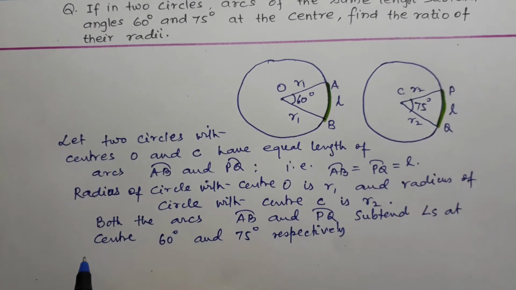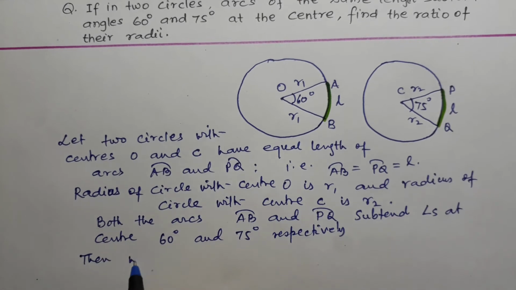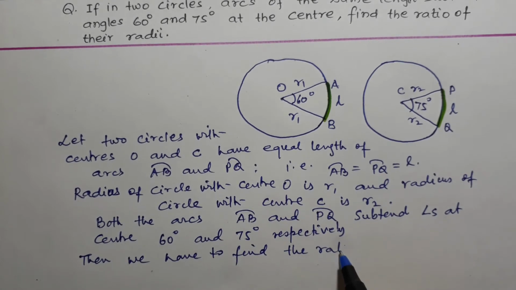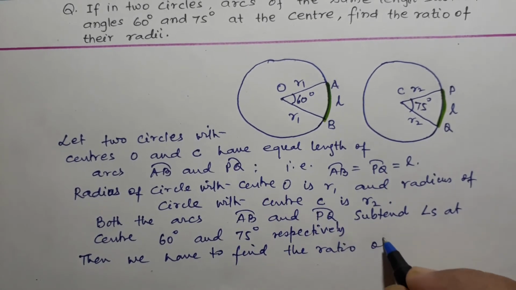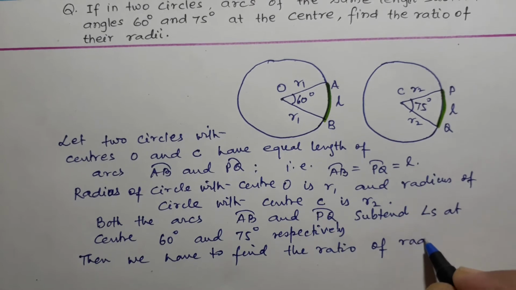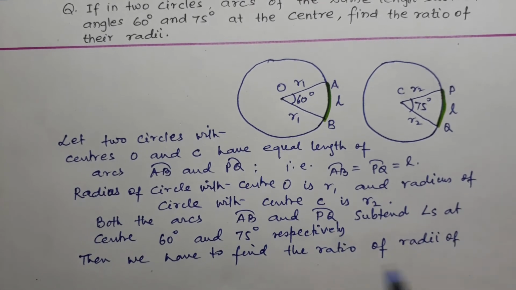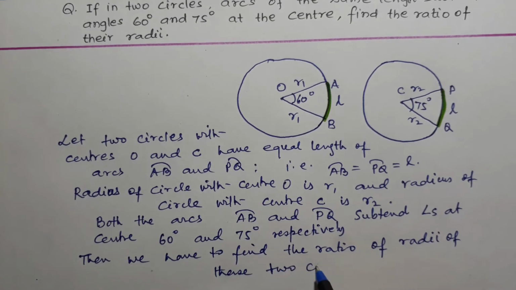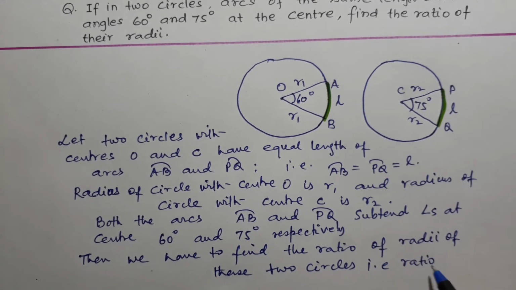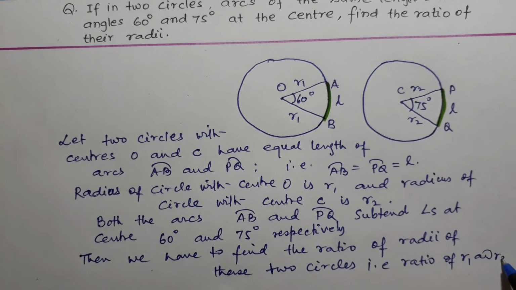Okay, then we have to find the ratio of radii of these two circles, that is the ratio of R1 and R2.